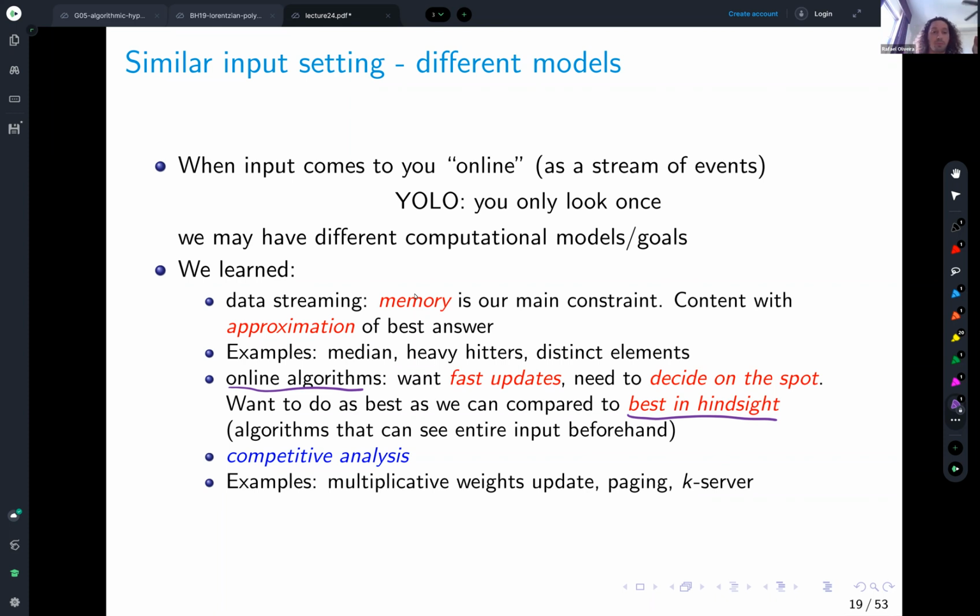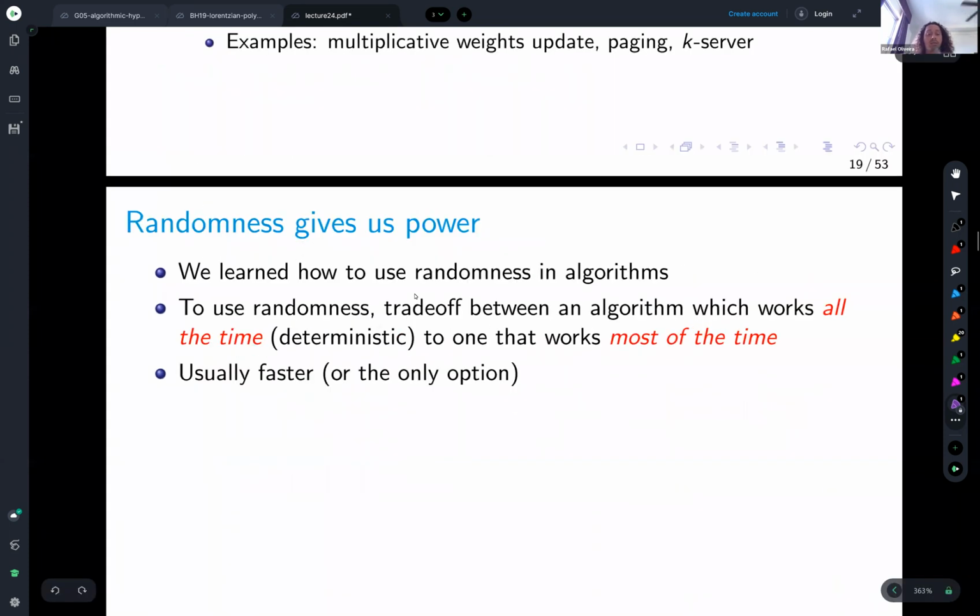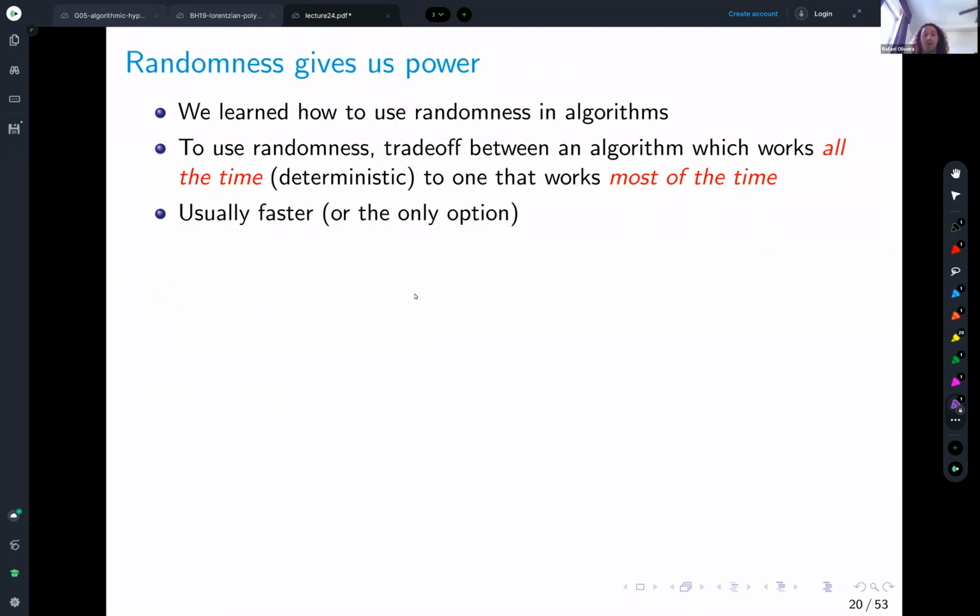All right. And then in addition to that, we also learned that randomness gives us power, which at first is a little bit unintuitive, right? And we learned in this class how to use randomness in algorithms. And to use randomness, we have to do a trade-off. With deterministic algorithms and worst case analysis, our algorithm should be correct all the time.